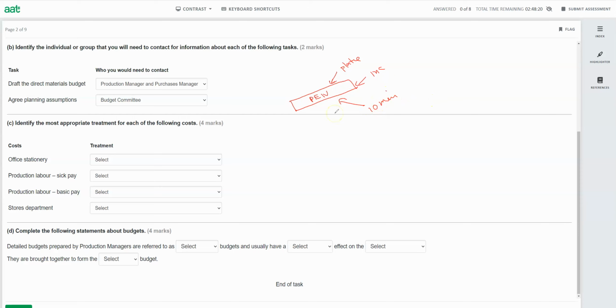So all these things are traceable. I can see how much plastic here, for example 10 gram, how much ink, for example 10 gram, and how long it takes to make one pen is 10 minutes. All these are traceable and identifiable. So when something is traceable and identifiable, remember that this is a direct cost.